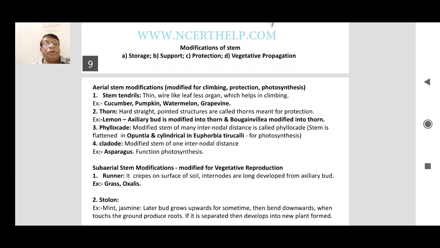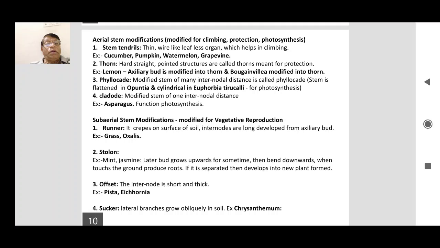Next, we shall see the aerial stem modifications. Aerial, as the name indicates, stem is found above the ground, and it is a normal or general character of stem. Such a stem is modified to perform different functions other than normal function.